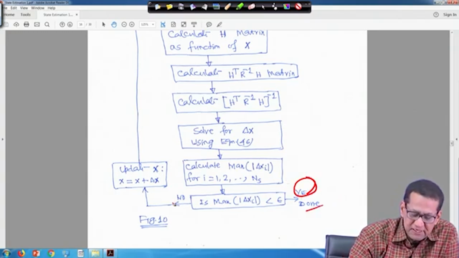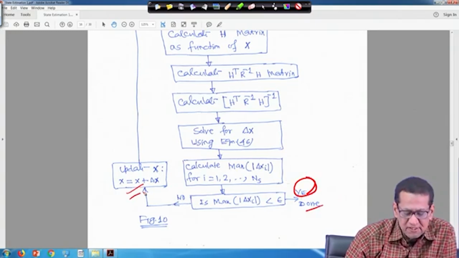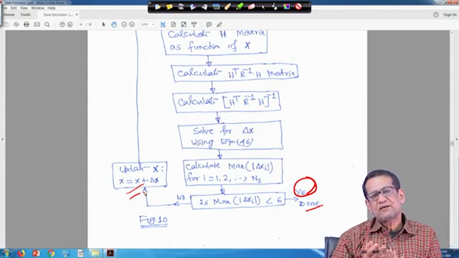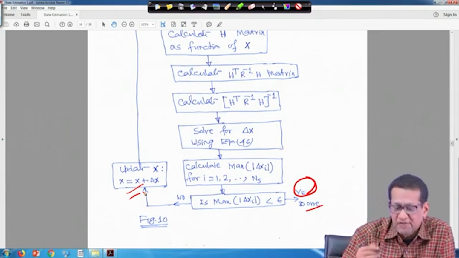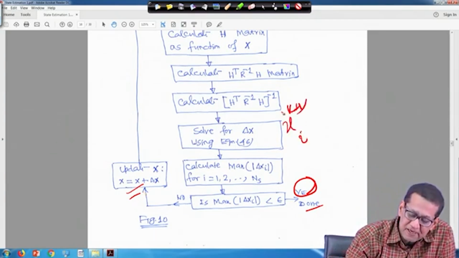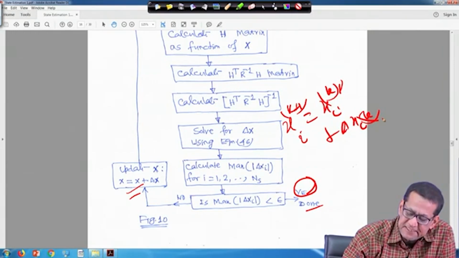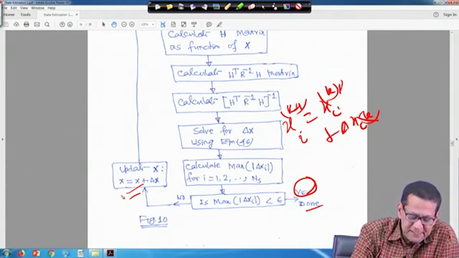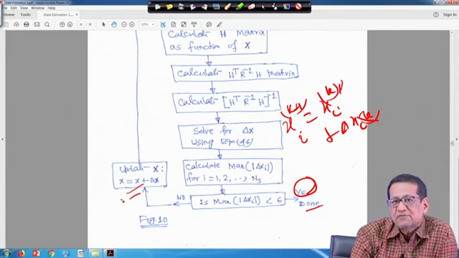If it is not, then you update x is equal to x plus delta x. In general, in an iterative method, when you write, it will be x i k plus 1 is equal to x i k plus delta x i k. That is why in the flow chart form we have written x is equal to x plus delta x, where x is a vector, so many state variables are there.